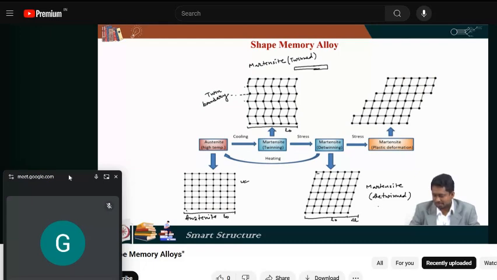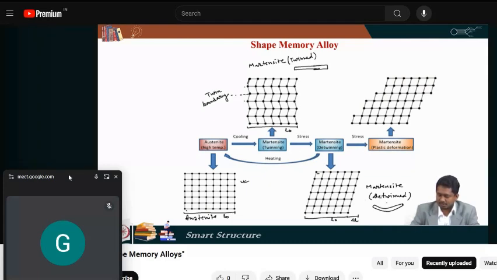So the deformed shape macroscopically looks like this. Now if we remove the load, it does not just go back. This deformed shape seems to be maintained to some extent. So here we had an undeformed twinned martensite, and then we applied stress to it, and it became detwinned martensite.